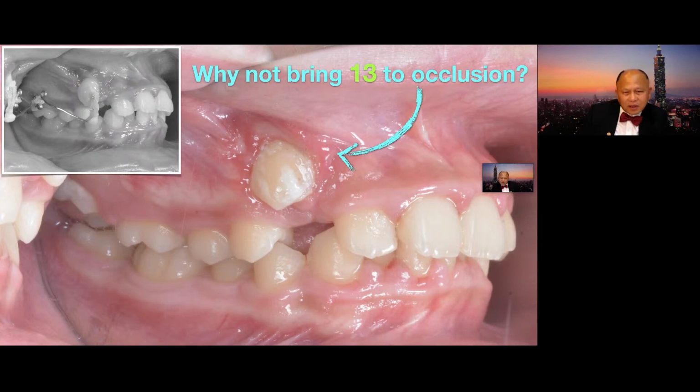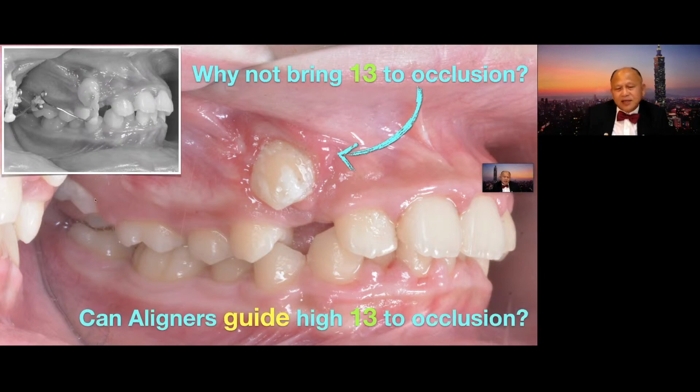Oh, okay. So it's right here. We have the aligner take over. Some will ask, can the aligner guide the high canine to the occlusion, because it's very high? Why not use the 3D lever to bring it to here?